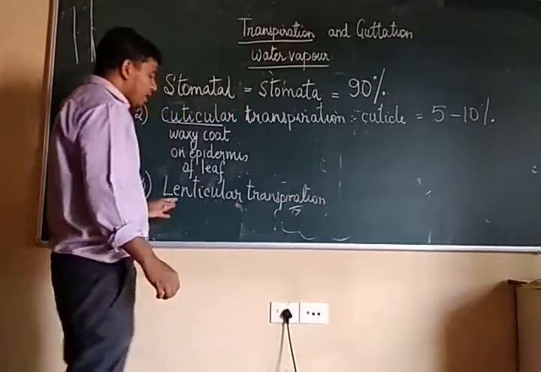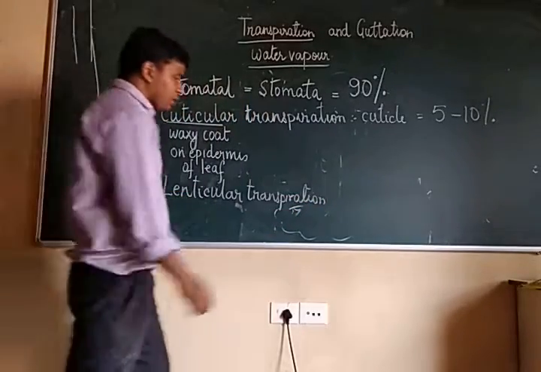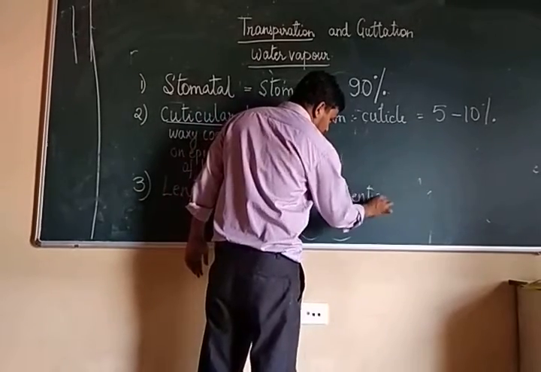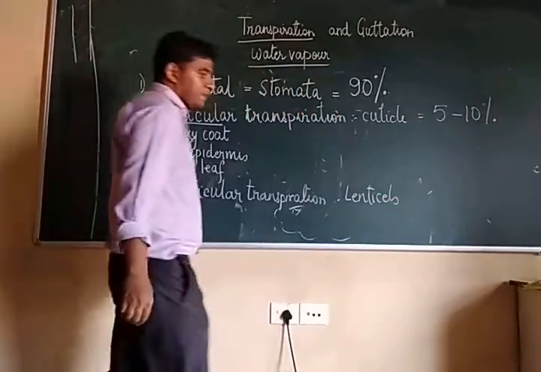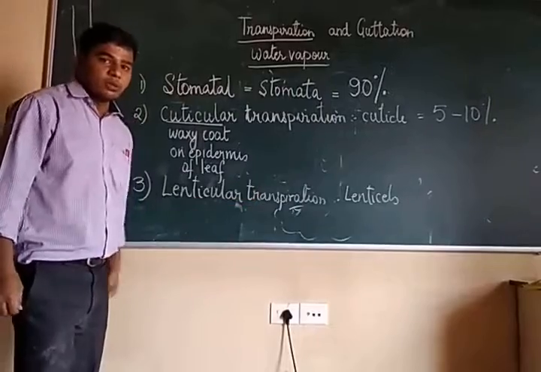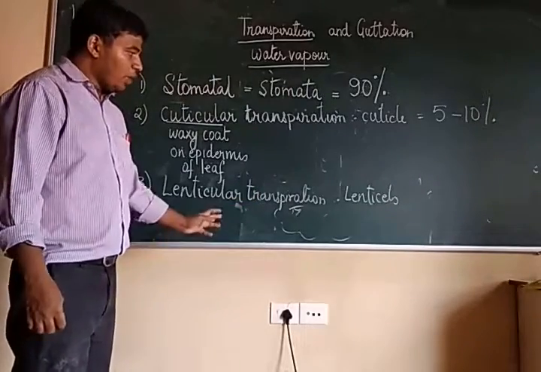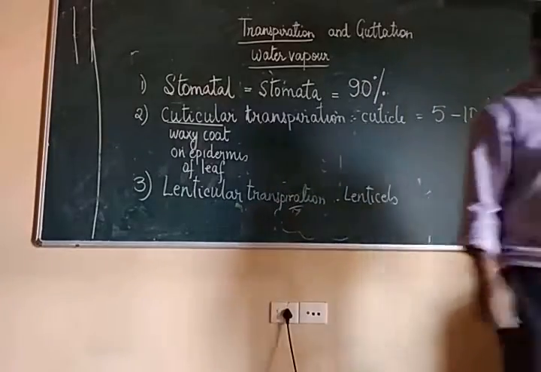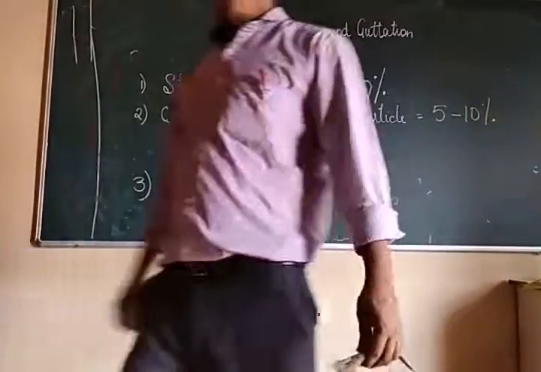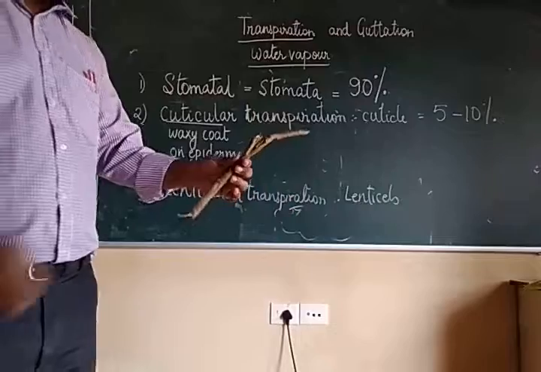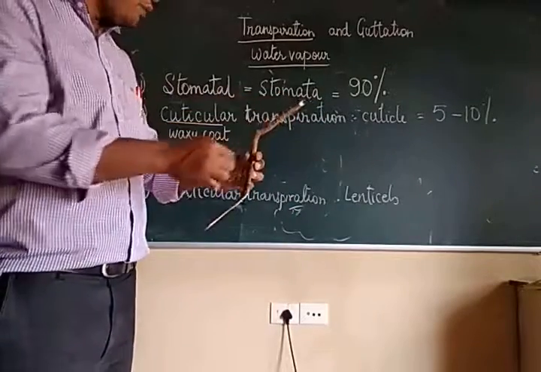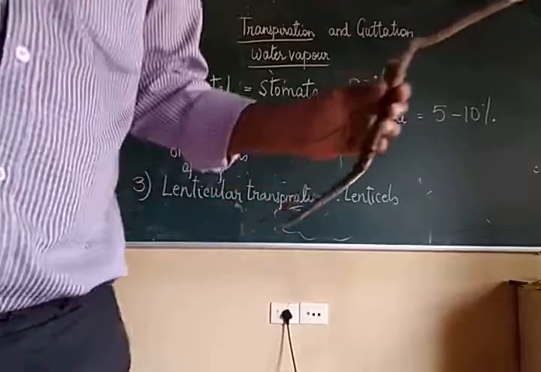As the name suggests, lenticular transpiration is transpiration through lenticels. Now what are lenticels? Lenticels are holes or pores on the old stem. On the old stem there are special pores present.